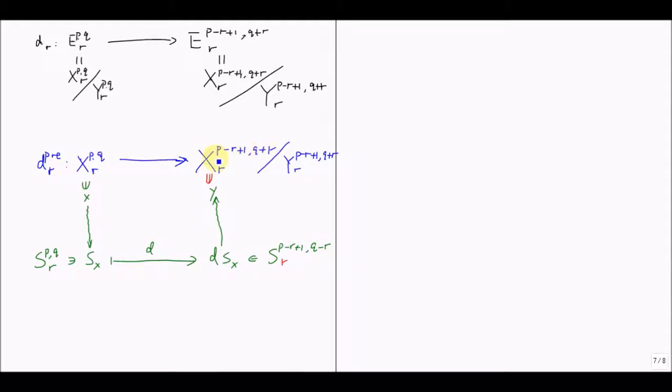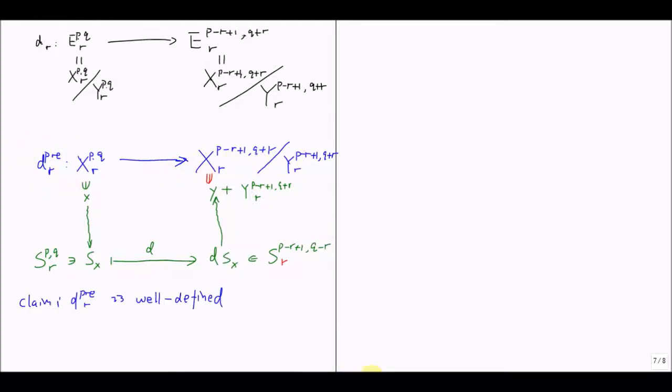Now we take the quotient of this modulo Y^{p-r+1,q+r}_r. And also this definition needs to be changed. It will be the equivalence class this y is living in. Now this d pre sub r should be well defined.